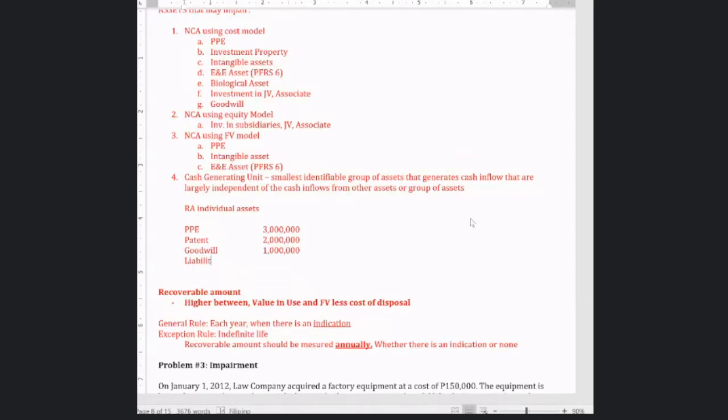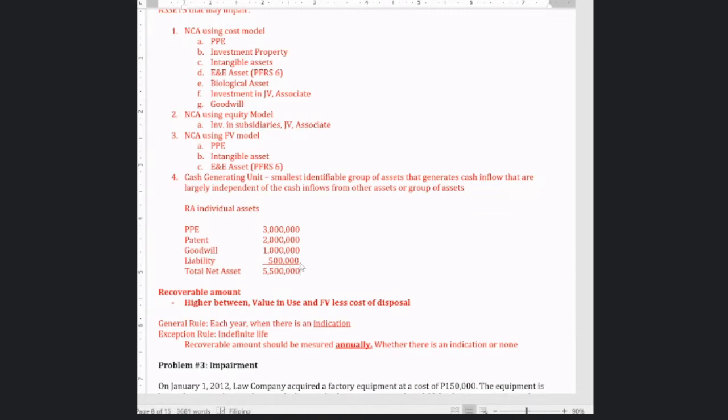Yung CGU ko may liability amounting to 500,000. So, total net assets, ano yan? 3 million, 2 million, 1 million, 6 million, so 5 million 500 ang total net assets.